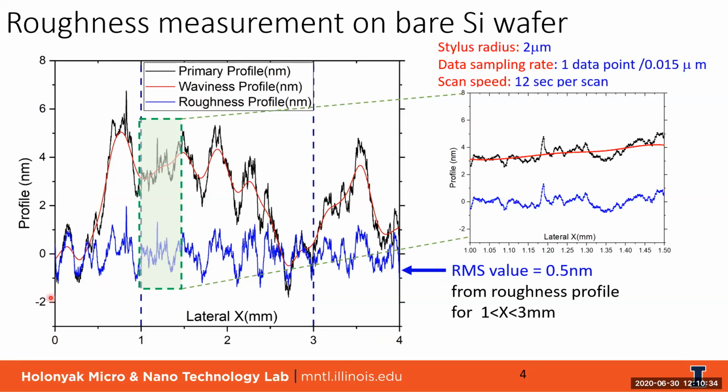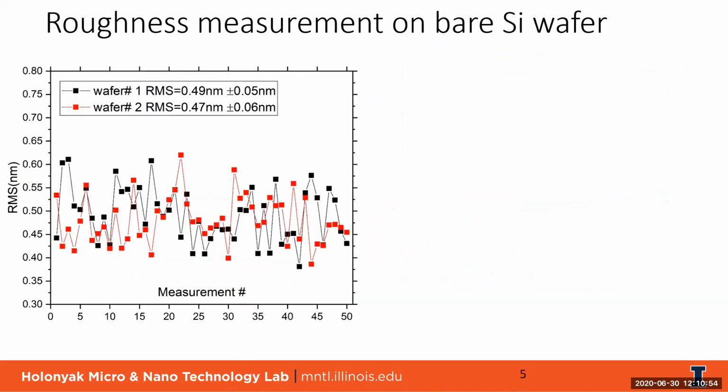We could repeat the measurement on the same wafer for a certain number of scans, and look at the statistics and see how the RMS value changes from scan to scan. Shown here is again a roughness measurement on a bare silicon wafer.